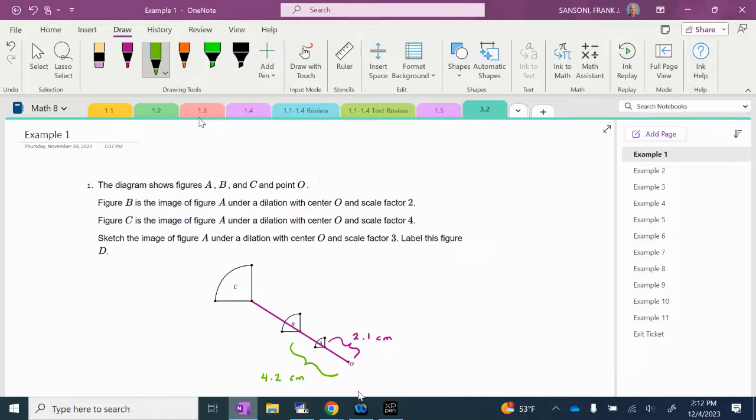How did you get 16.8? Did you times by 8 or did you times by 4? Oh, no. You times by 8, right? Which makes sense if you were times by 8, but the scale factor is 4. So you took this number and times it by 4, and what should that distance be? 8.4, right?